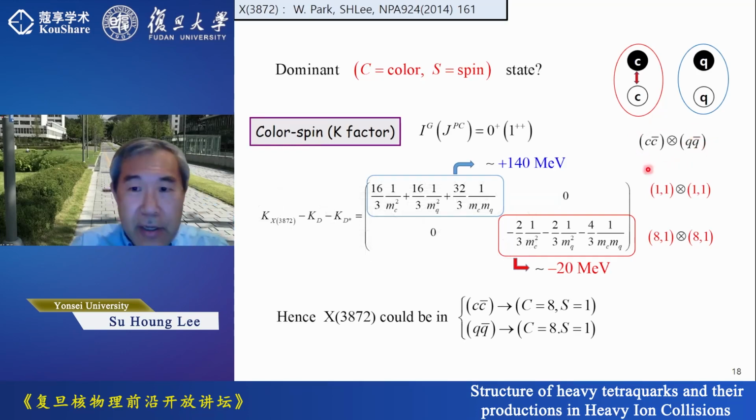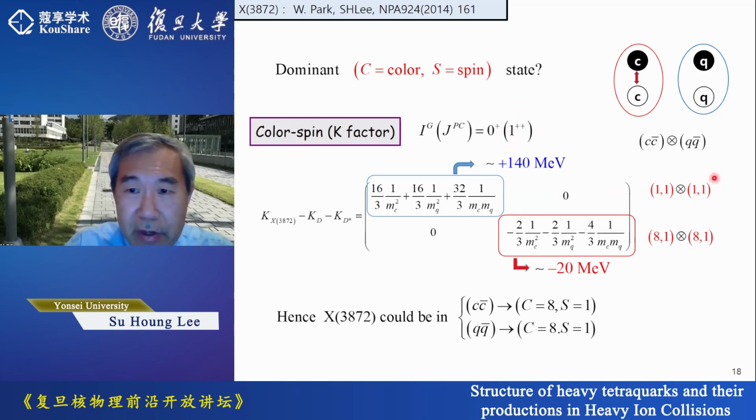Or you can have color octet, spin 1, and color octet, spin 1. These are the only two configurations, assuming there is no P-wave contribution. These are the only two possible color-spin bases with which you can construct this quantum number.